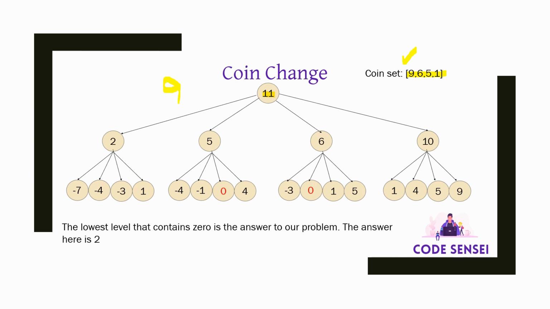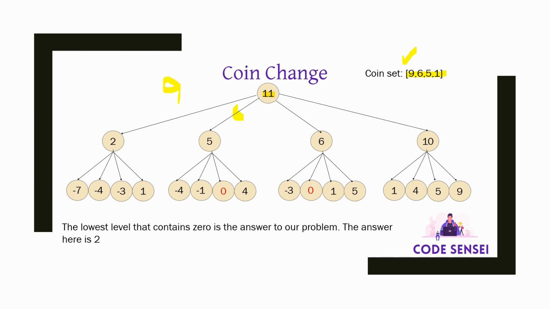So you have to find the minimum number of coins required to make the amount 2. Similarly, if you take the coin 6, the remaining amount will be 5 and you have to find the minimum number of coins you need for the value 5 and then add 1 to it.